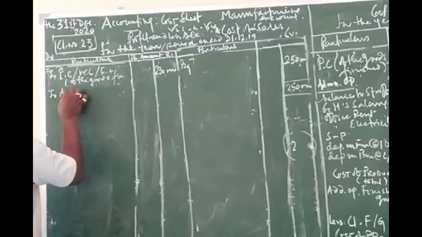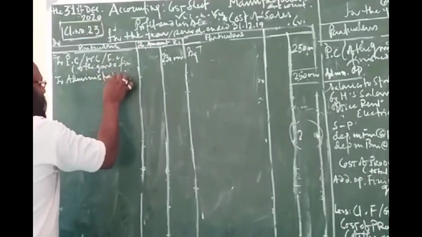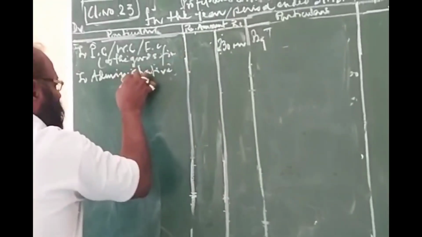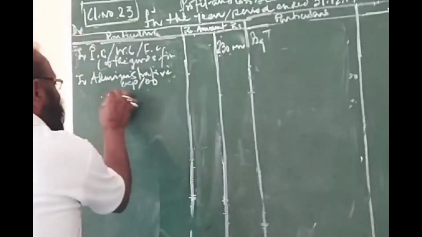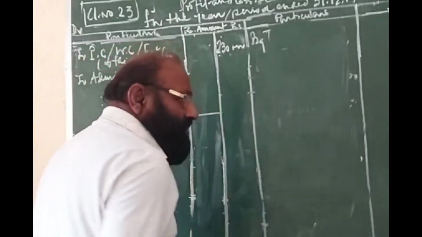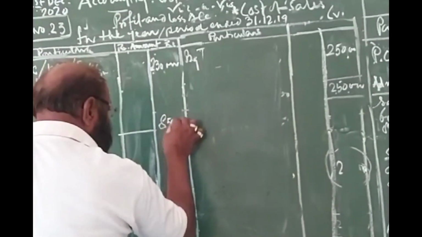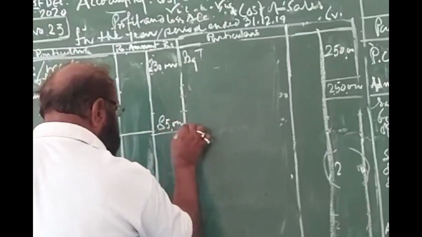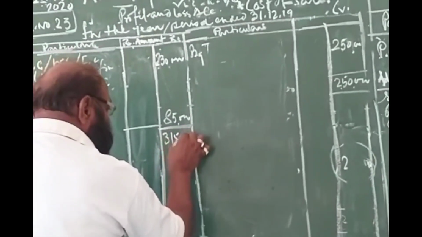I think no. The two administrative expenses or overheads, I am not writing in detail because all this has been done, I am just making the total. What is the total? It is 85,000. Clear? So it is 3,15,000.